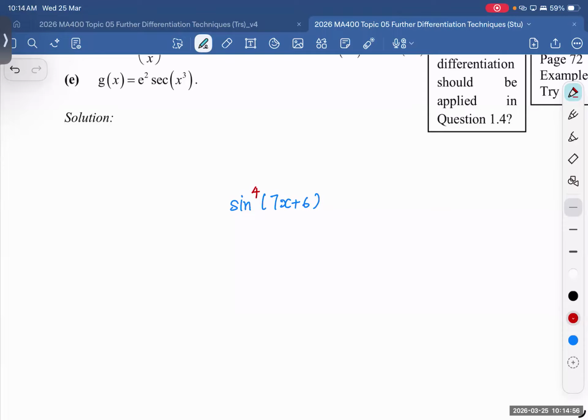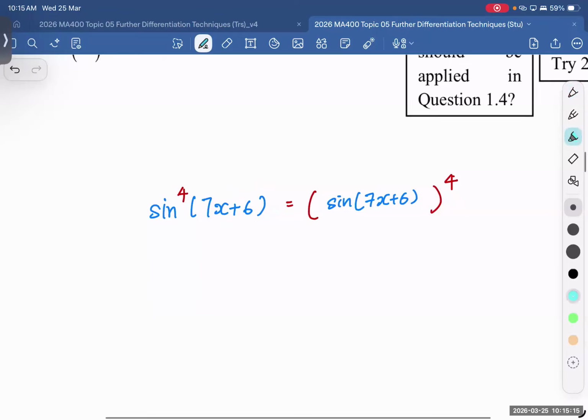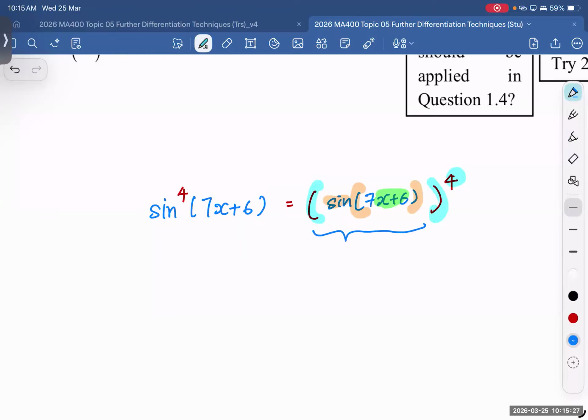Difficult, huh? So what do I do? Can I say that this power 4 is this? Yes, but you're doing chain rule 2 times here. So how many layers do you see? The first layer, blue. The second layer, brown. The third layer, red. Layer 1 is something to the power of 4. Layer 2 is sine of something.